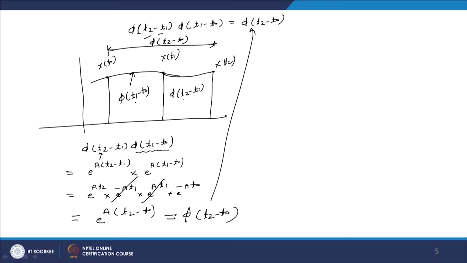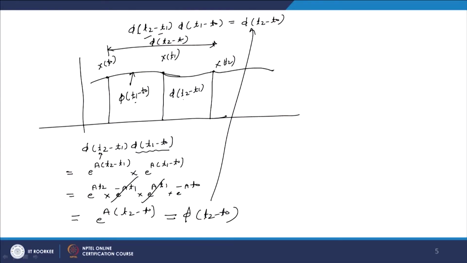So here the state transitions from t0 to t1, t1 to t2, but it may be possible that the state at t2 may transfer to t3, which can be represented by phi of t3 minus t2. Now how do you express this through state transition matrices?